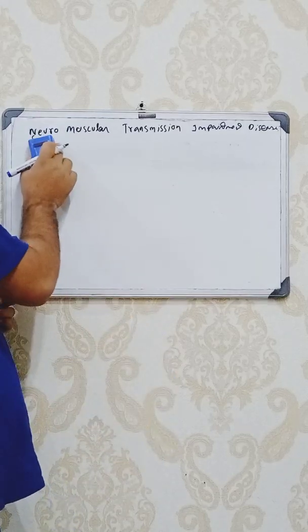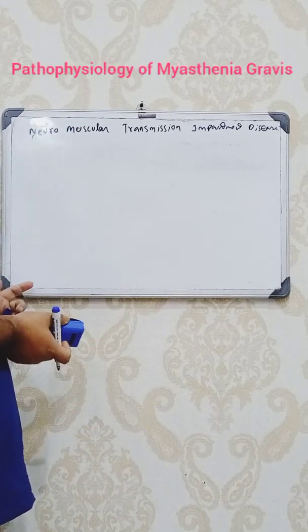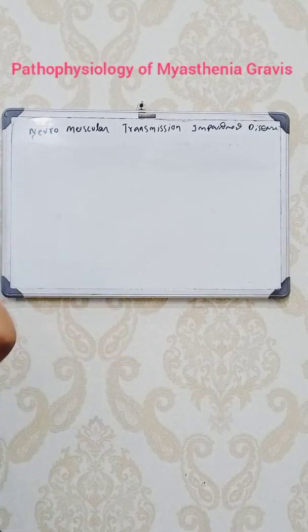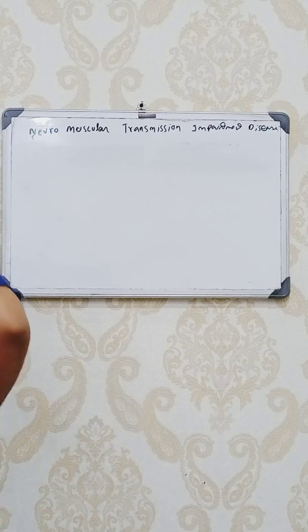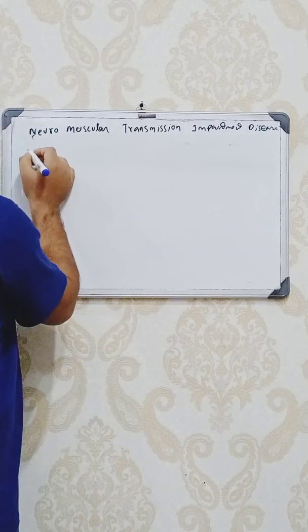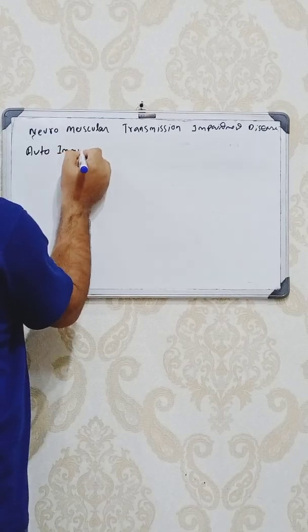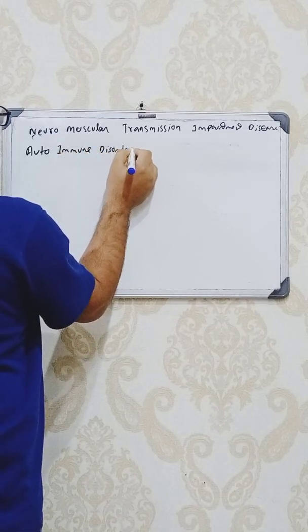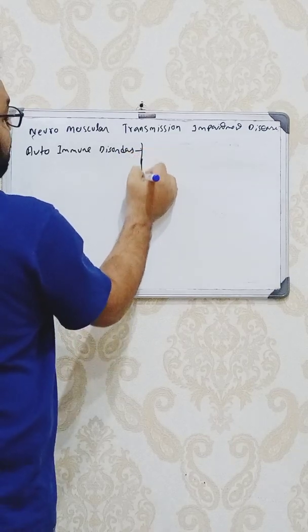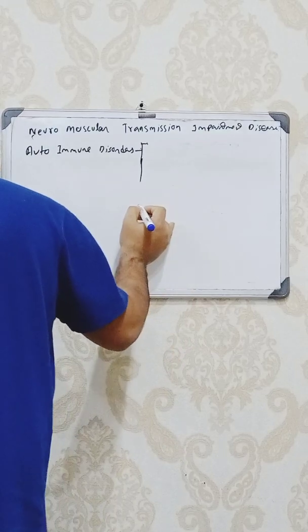In a nutshell, we can see the neuromuscular transmission impairment diseases or disorders. First we will talk about autoimmune disorders. Here basically we will cover two types of disease. First is myasthenia gravis.